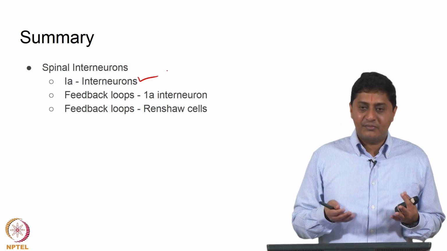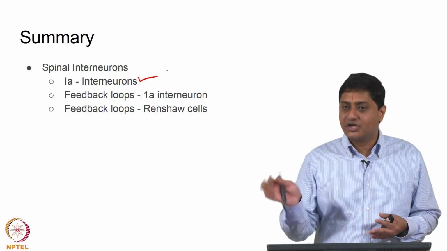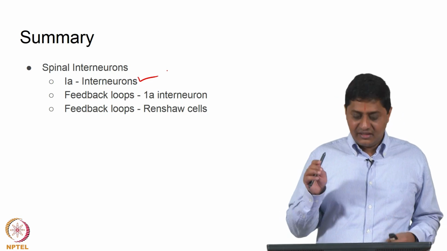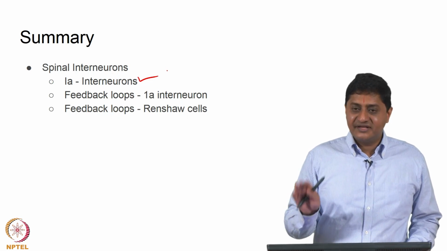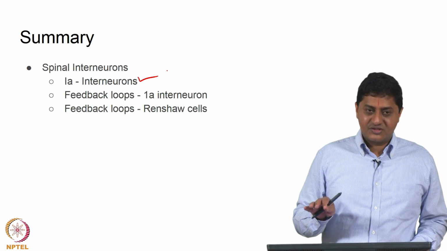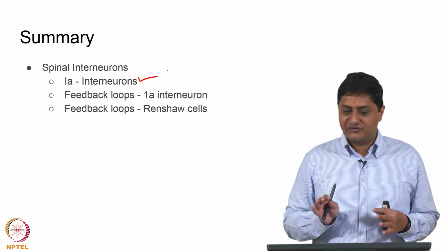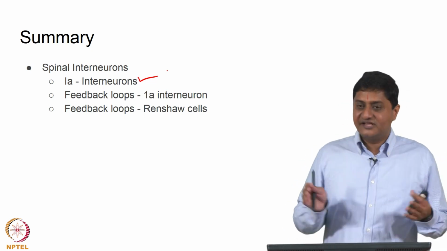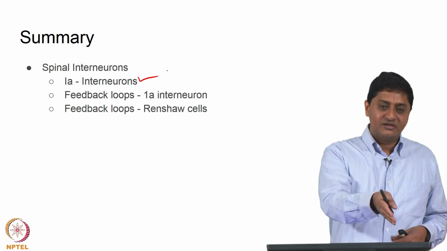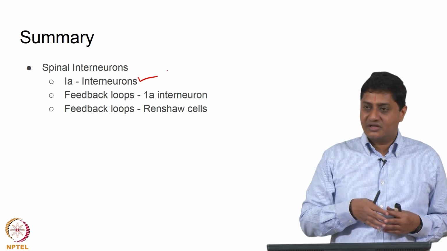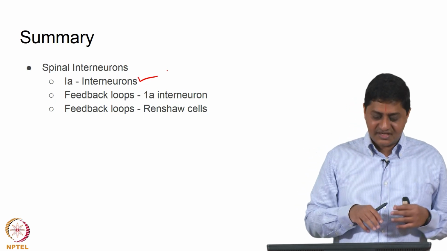The stretching can happen because of the contraction of the antagonist, or it can happen because of an external load. Either way, the alpha motor neuronal pool of the antagonist will get inhibited, because 1A interneuron is just performing its function, 1A afferent is just performing its function. What is the function of 1A afferent? As soon as the length is increased, fire and tell 1A interneuron to inhibit the antagonist alpha motor neuronal pool. That is the function. They do not know what is causing this stretch, that is a more fine information.